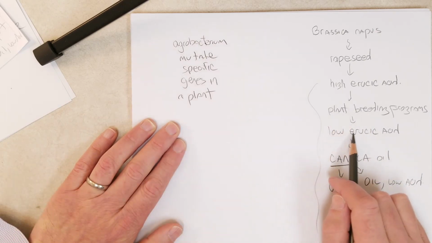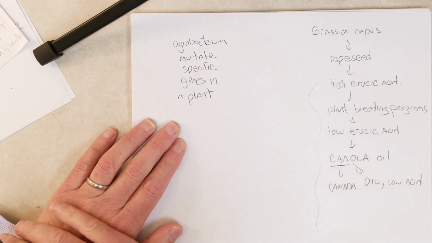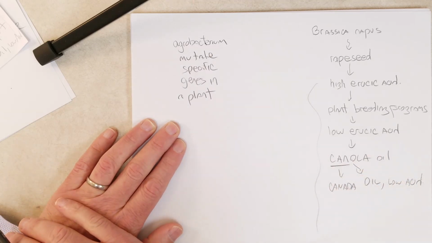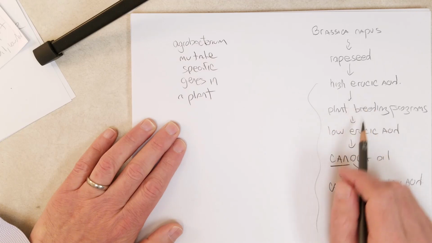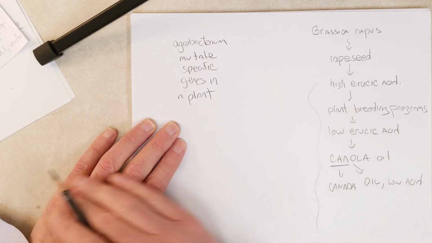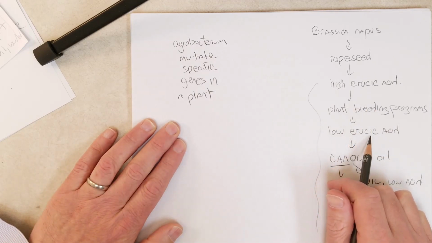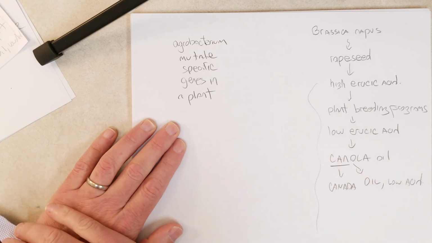And you have to hope that low erucic acid doesn't come along with other phenotypes that would be bad for, say, producing high amounts of oil, right? Like maybe low erucic acid often comes with not making many seeds where the oil is found, and that would be bad. That wouldn't be very profitable.